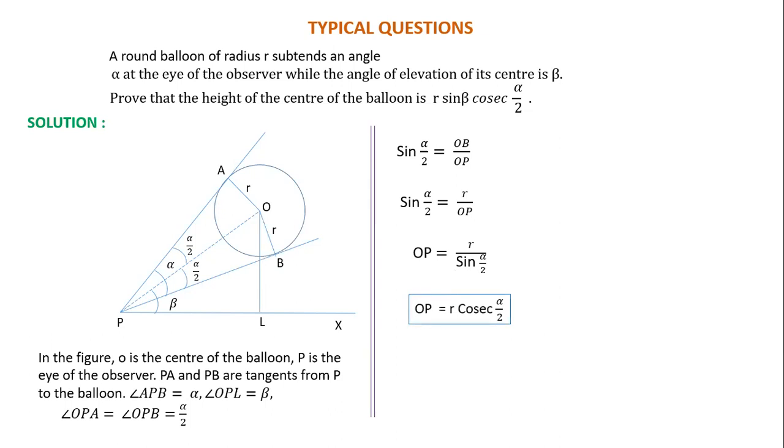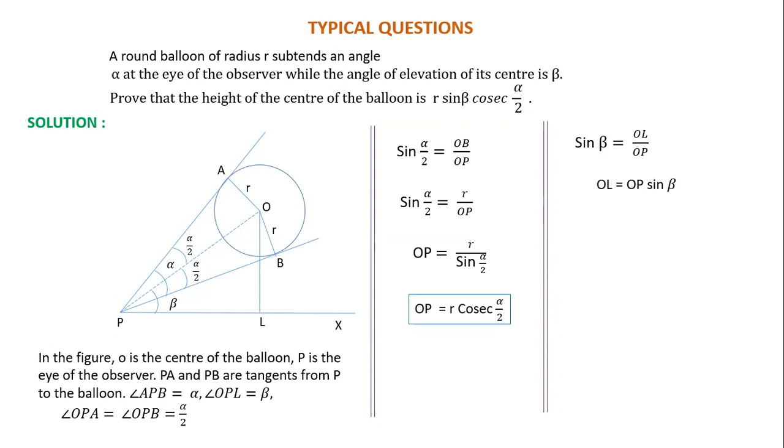So the length OP is equal to r cosec alpha by 2. Now it is in terms of sine beta, so let us go for sine beta. For this complete angle, the opposite is OL and the hypotenuse is OP. So sine beta is equal to OL upon OP.